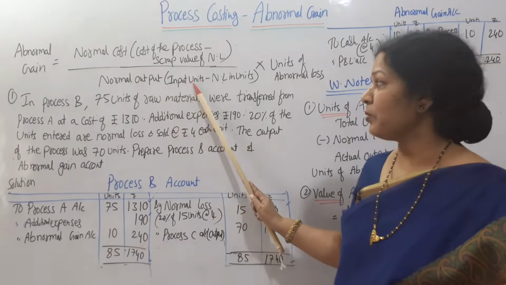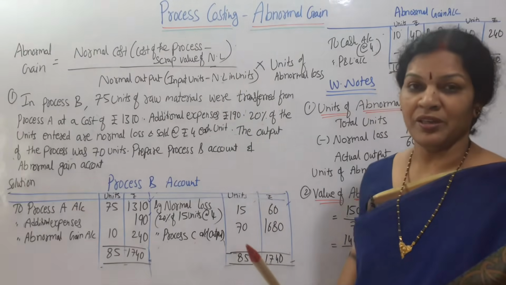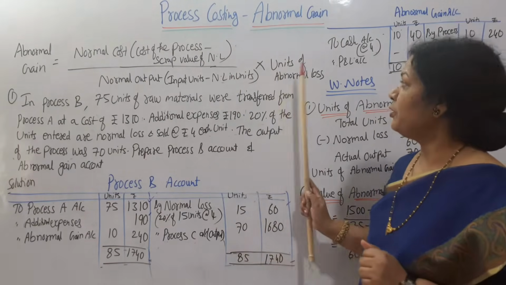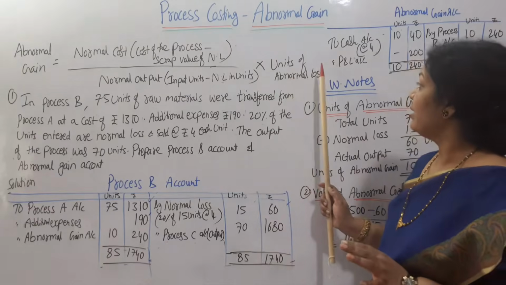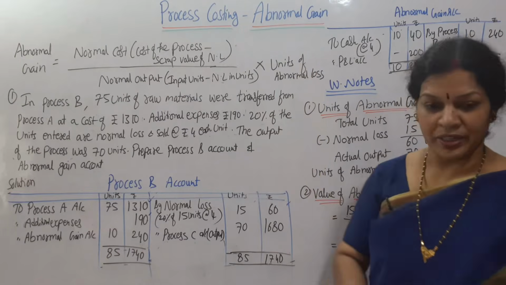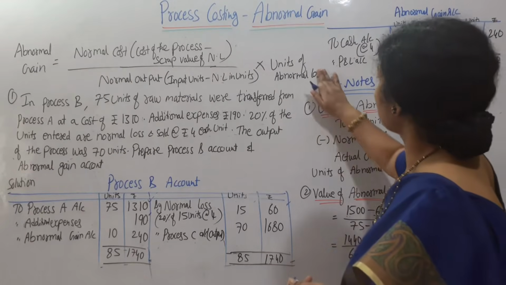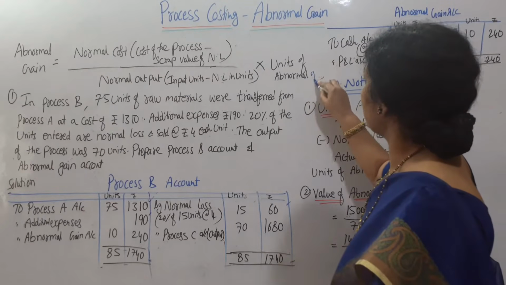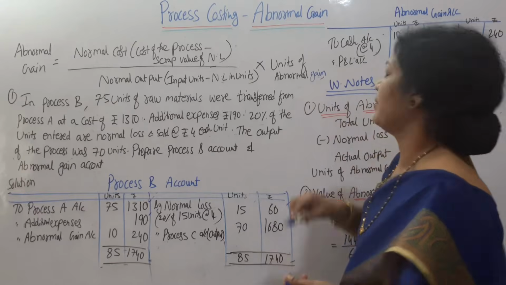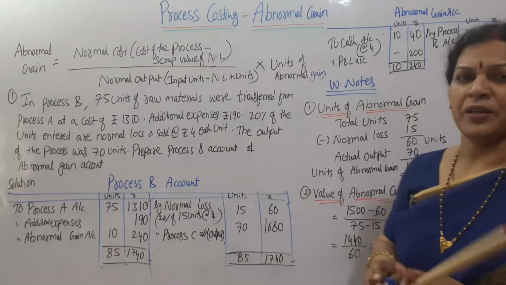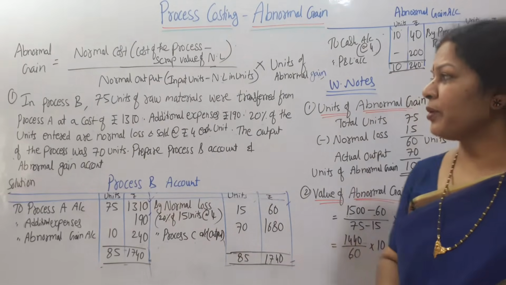How do you get normal output? Total output minus normal loss in units, into units of abnormal loss or gain. I will write it here, abnormal gain. Let me change the words, abnormal gain. Same formula.